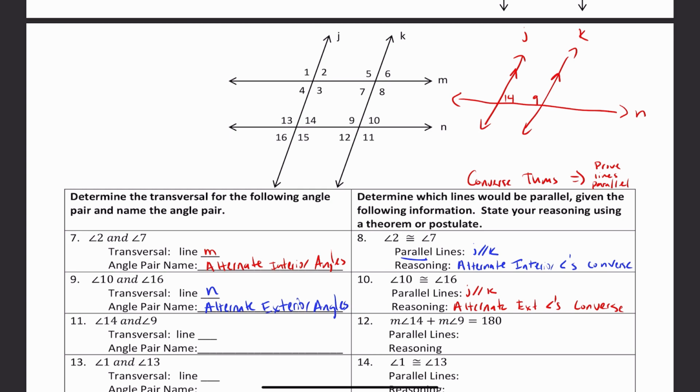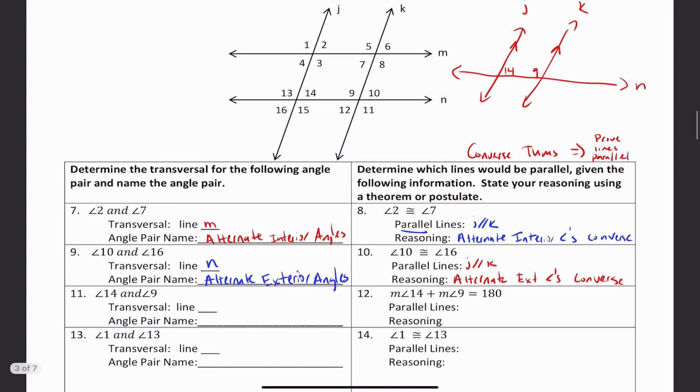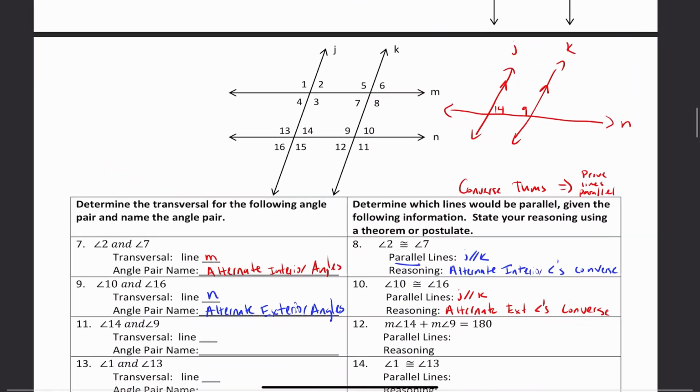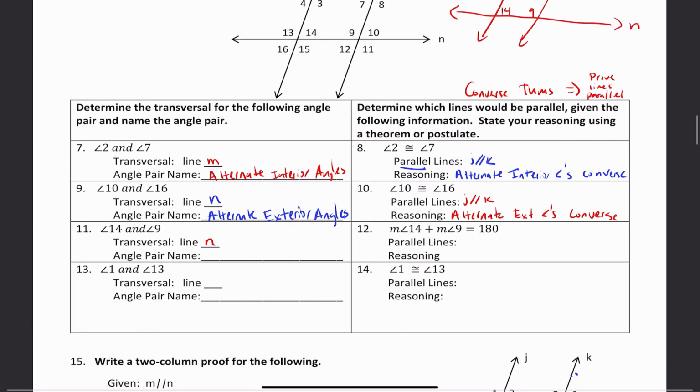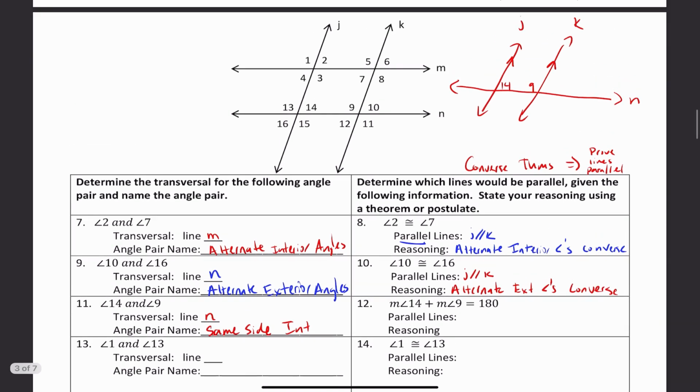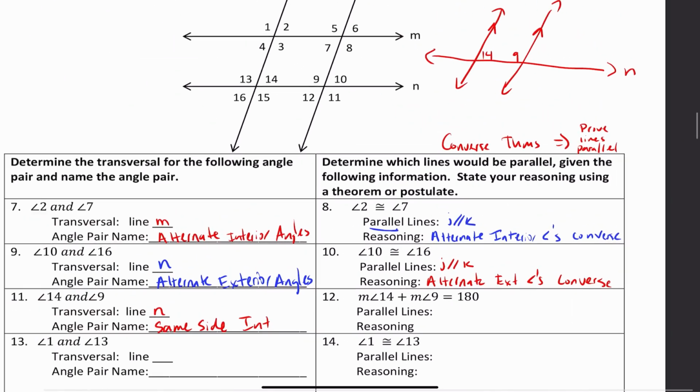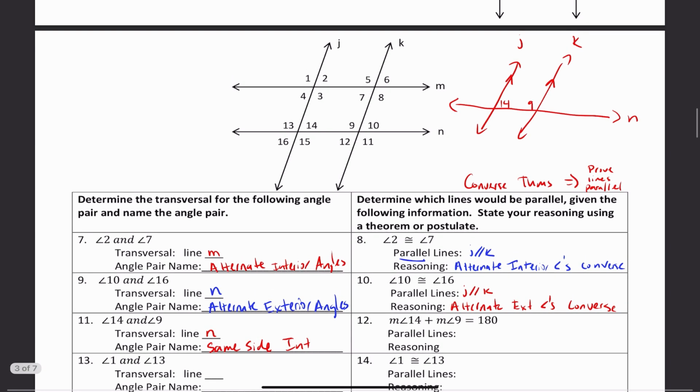So that means that they are same side interior angles, and the transversal would be N, because that's what they share. So I write N, and then I write same side interior angles.